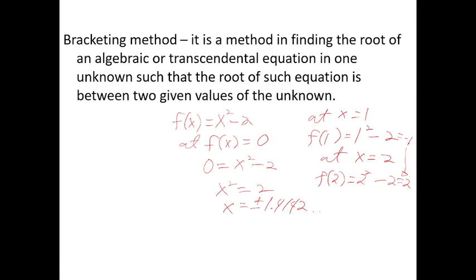Ibig sabihin, dadaan siya sa x equals 0. Yun ang assumption natin. Kasi mula negative patungong positive. So kung graph yan, ito yung negative 1. Ito yung x equals positive 2. No? Ito yung negative 1. Ito yung x na positive 2.